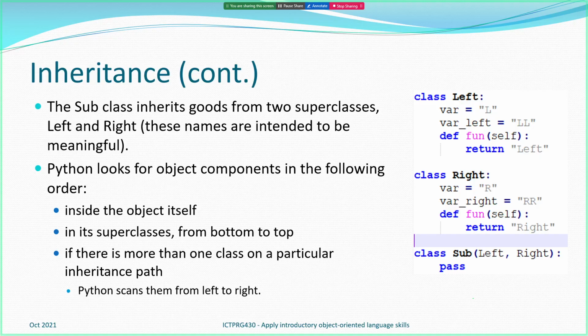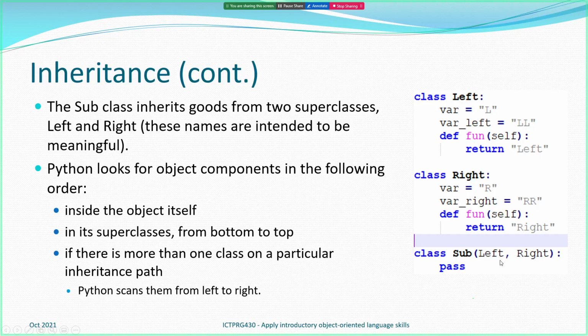So when it's looking at its parts, it looks at the object itself, then its superclasses from bottom to top. So it works its way up towards the top of the tree. If there's more than one class on the same level, like in this situation, then it reads them from left to right.